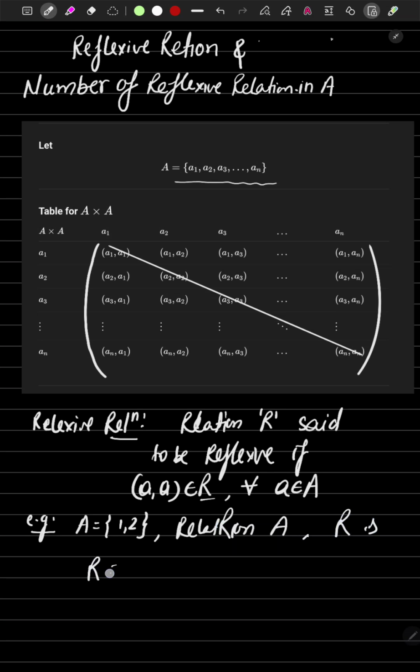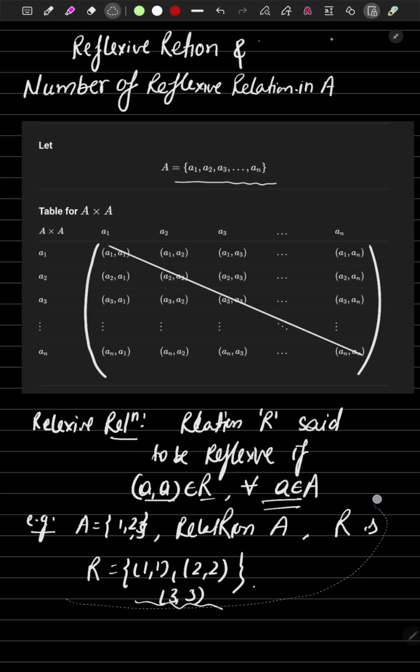So R will be what, dear student? As we are saying (a, a), it means (1, 1) is also required and (2, 2) is also required. If I take 3 as another element, then (3, 3) is also required. If any of these (a, a), where a belongs to A, is absent, then the relation will not be a reflexive relation. I hope the definition is very clear to you.